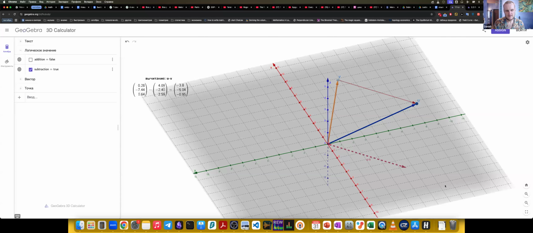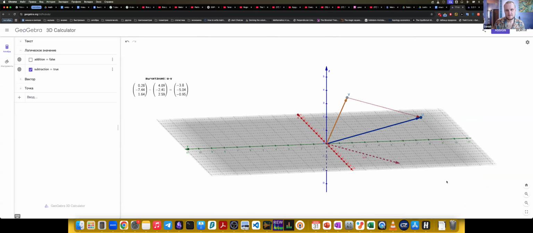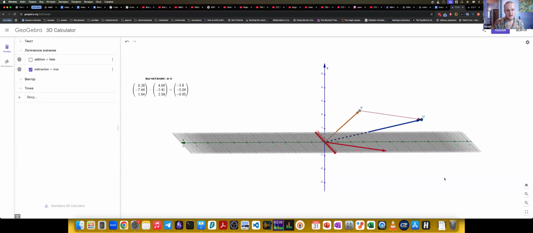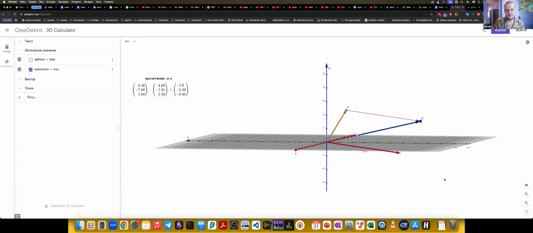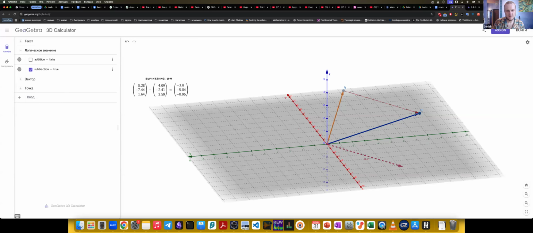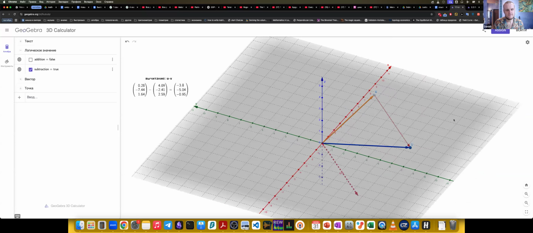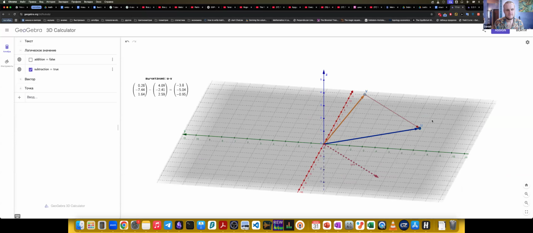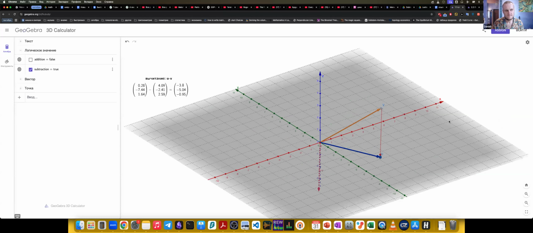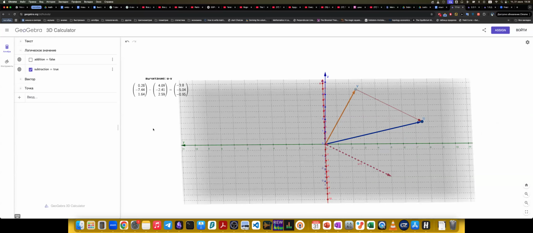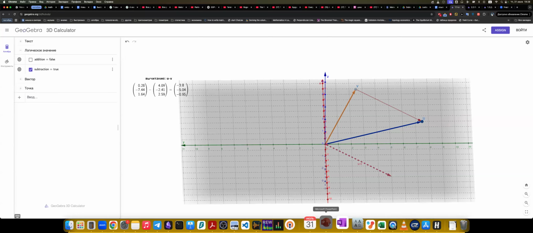But given our convention that all vectors have to start at the origin, our result is this vector. It starts from the origin, but it is obtained by a parallel transfer of this dotted vector. Okay? All clear?